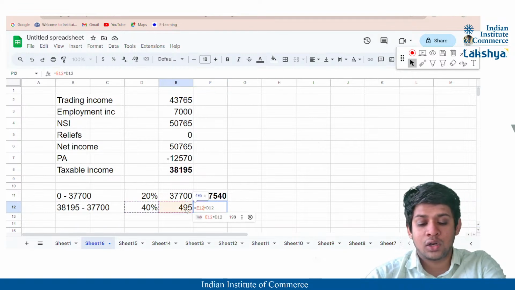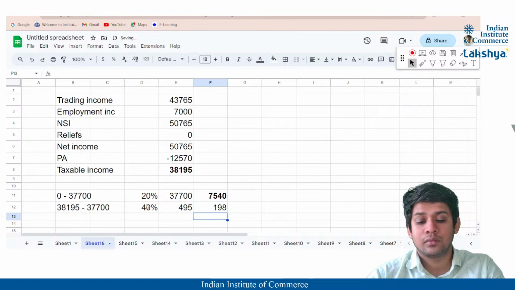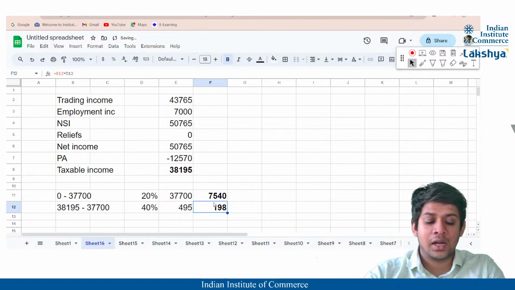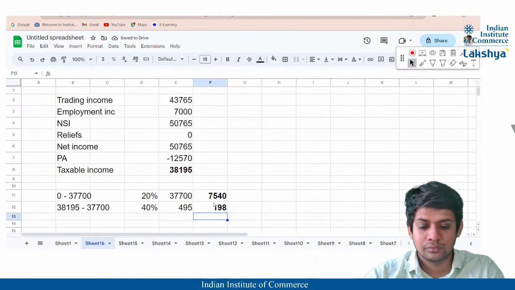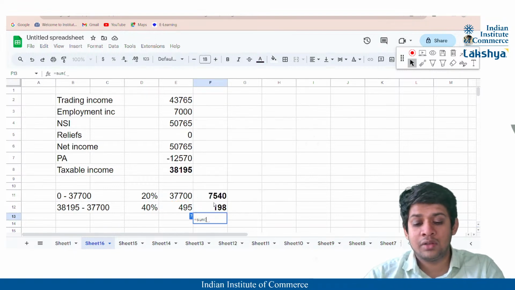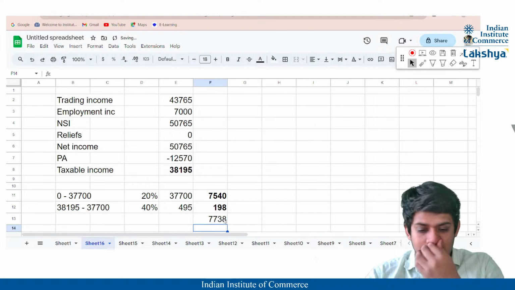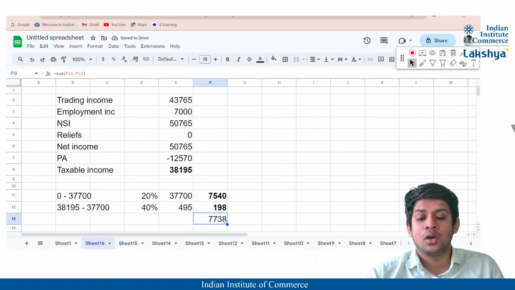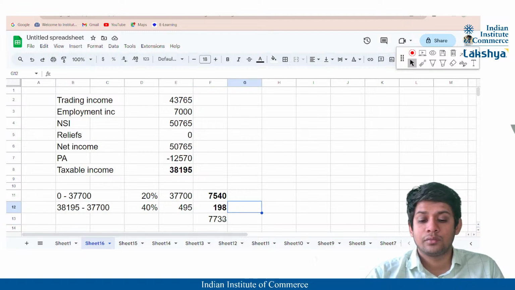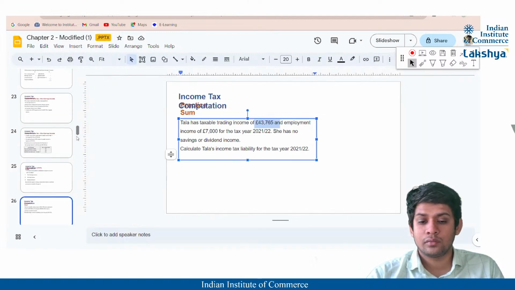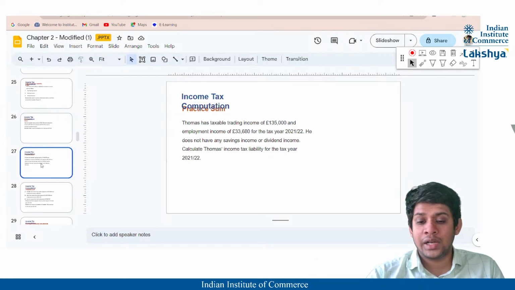On that you will charge 40% tax, which gives you 198. So your total income tax liability will thus be 7,738. I hope it is clear to you guys. Moving on to the next part.